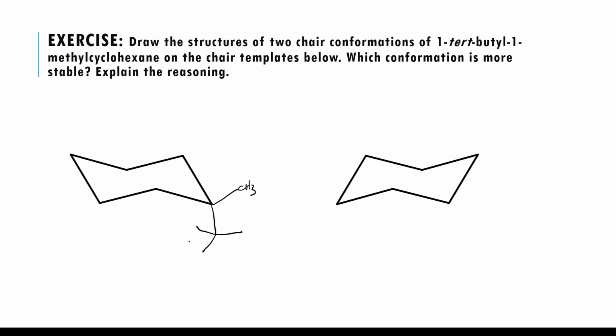Okay, then we have to check the interactions between the groups on the cyclohexane, and we know that when we have an axial substituent, it will have 1,3-diaxial strain or interaction. So if this is the first position, this will be second and this will be third. And on the other side, we will have also a second and third.